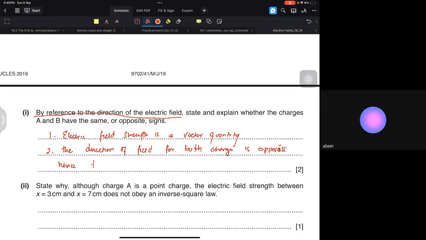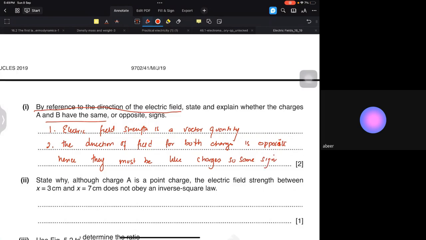Hence, they must be like charges, because that's the property of like charges. They have the same type of field. When you look at a single line, they will always appear opposite to each other. Understood, kids? Yes, sir. Right, so they have the same sign.